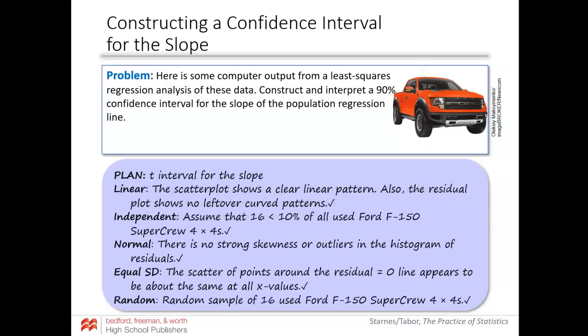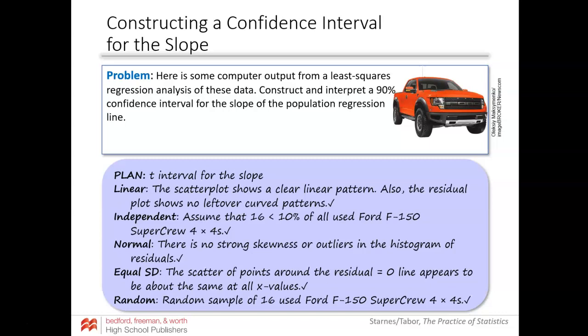Now, here's the conditions check, and this is, again, a little laborious, but they shouldn't have you do this on an inference question for these, so that's the good news. So linear, the scatter plot was definitely linear, and the residual plot showed no leftover curvature, so check. Independent, 16, I'm sure, is less than 10% of all used Ford F-150s, so that's feeling good. There was no strong skewness in the histogram of those residuals and no outliers either.